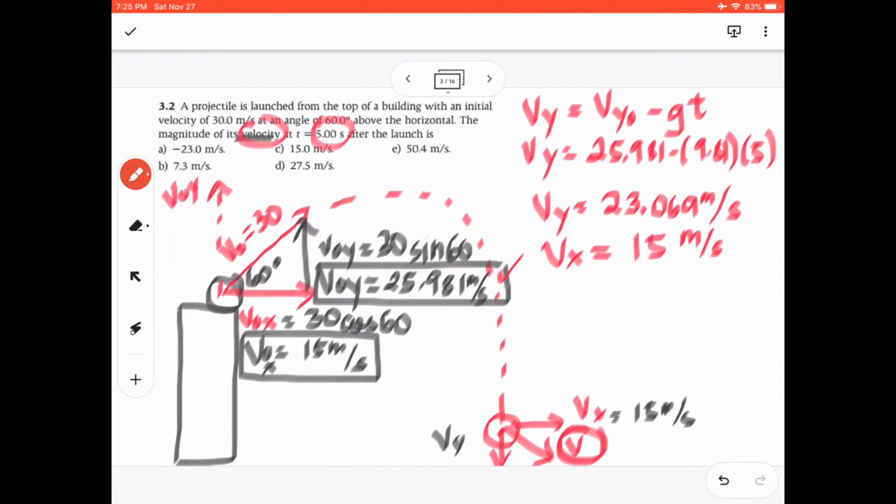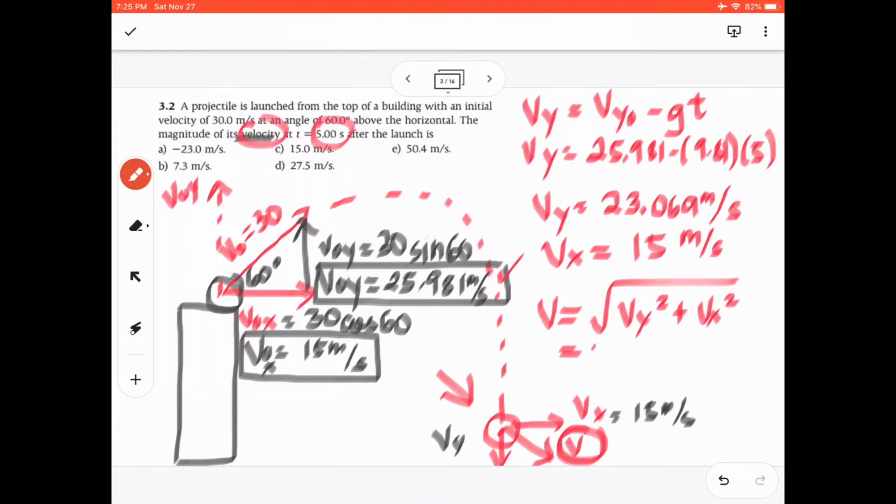Now what is V, the final velocity? V is equal to the root of Vy squared plus Vx squared, which we can readily use. This is the Pythagorean theorem, as you know, because for the final part you will see that these are resultant vectors, so you are going to apply the Pythagorean theorem.